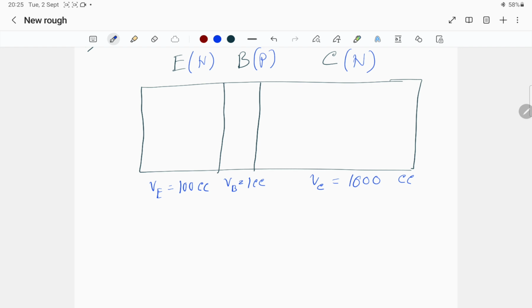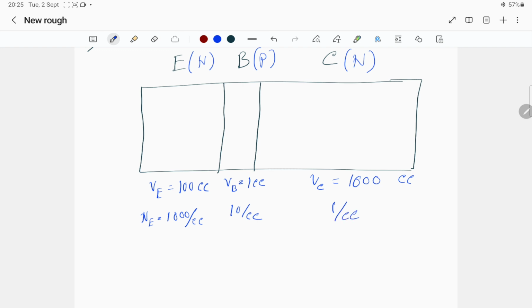Now let me say the doping concentration, right? Doping concentration of emitter is 1000 per cc, and for base it is 10 per cc, and for collector it is 1 per cc.